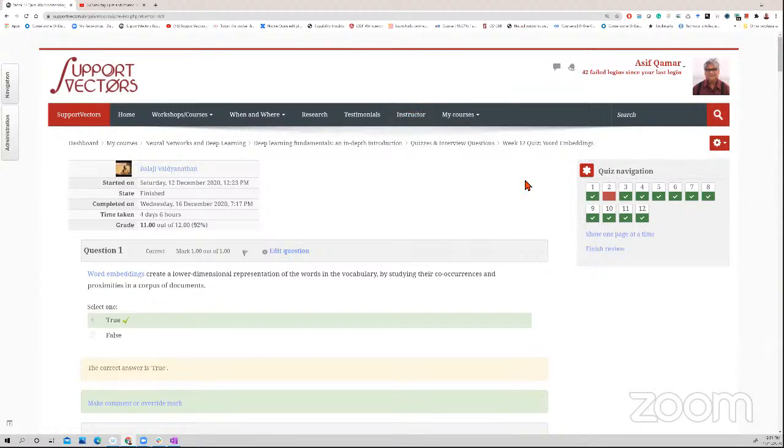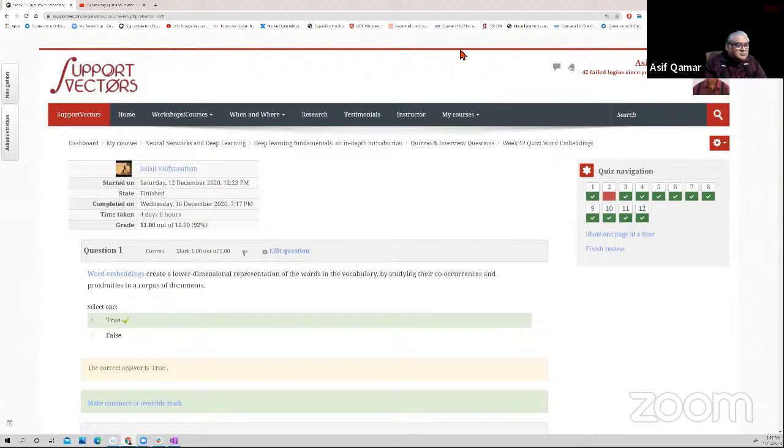Asif, one question, not on this, but on the anomaly detection. Under what condition can you create a detector which is both an outlier as well as a novelty detector? See, the point is, there is no distinction between the two. They are both anomalies.